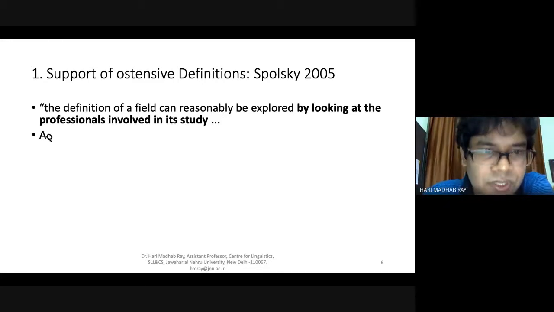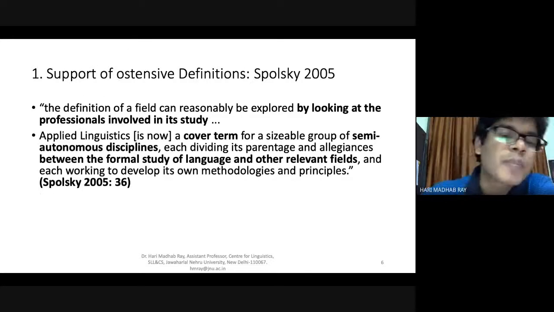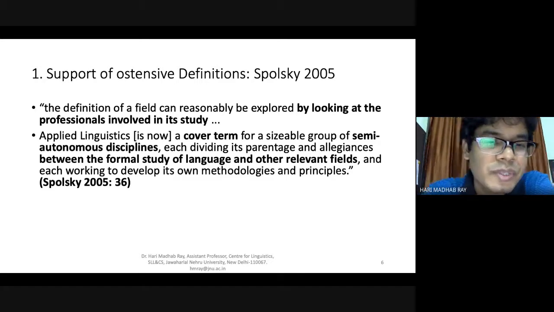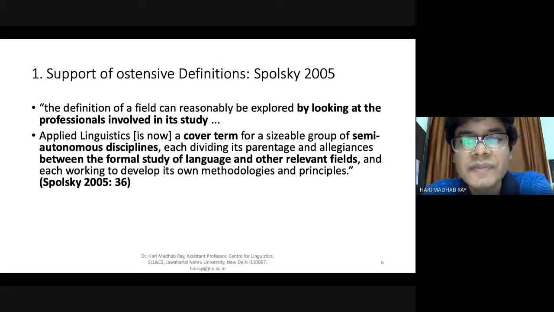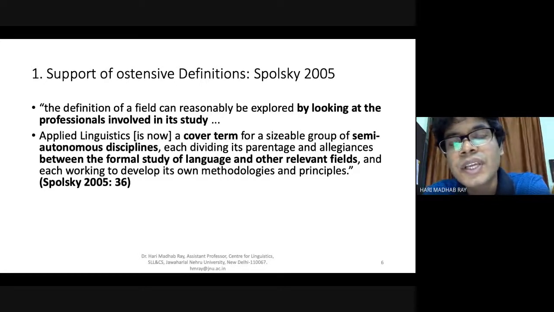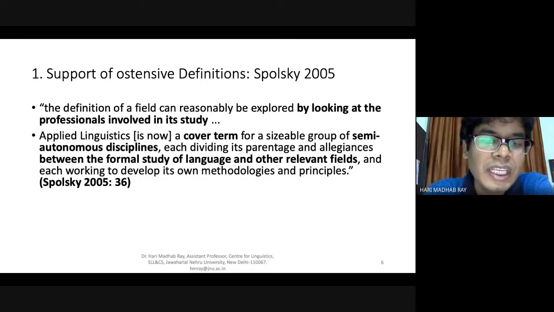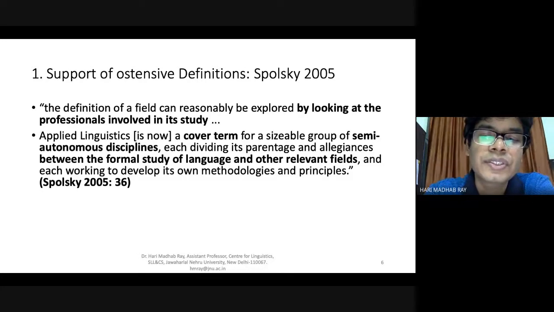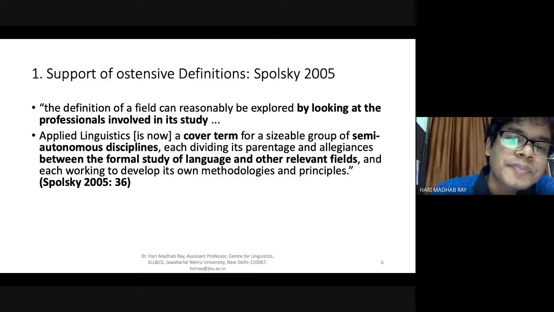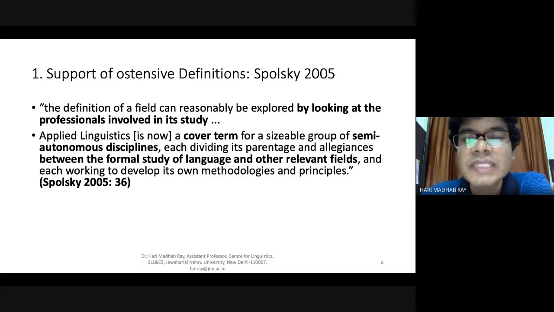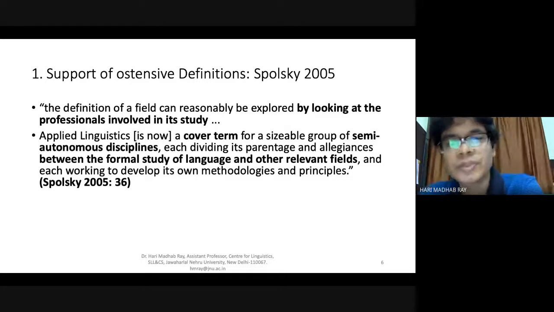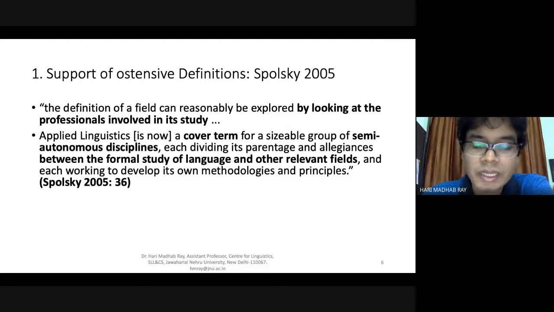So applied linguistics is a cover term for a sizable group of semi-autonomous disciplines, each dividing its percentages and allegiances between the formal study of language and other relevant fields, and each working to develop its own methodologies and principles. This is Spolsky, 2005: a cover term for a sizable group of semi-autonomous disciplines, okay? Each working on its own kind of principles.